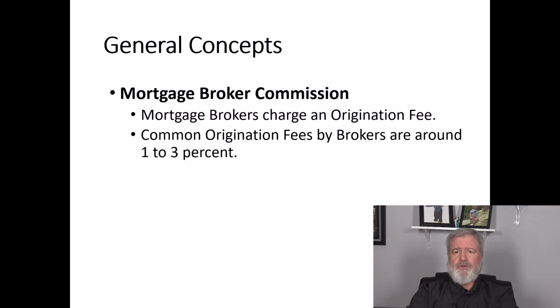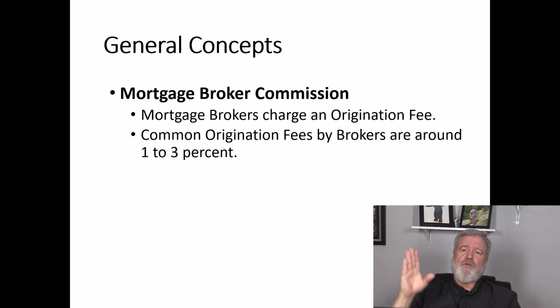So say it was a 2% origination fee and you're getting a $300,000 loan. Then obviously 2% of 300,000 is going to be $6,000 that you're going to pay that mortgage broker to help you get this loan, okay? Now, a question I tend to get quite a bit is, does it make sense to use a mortgage broker?